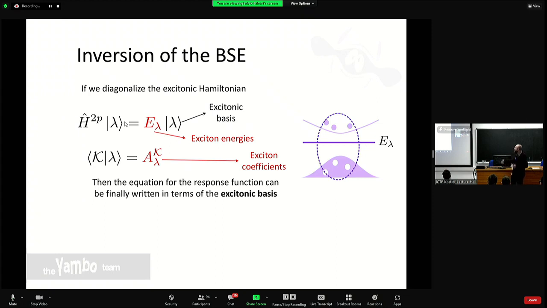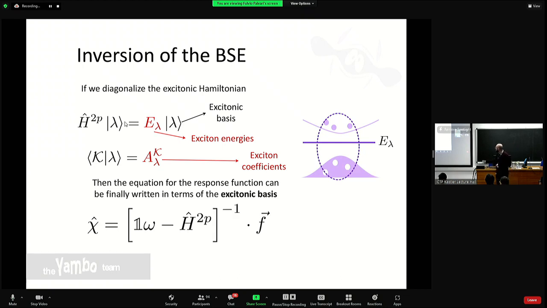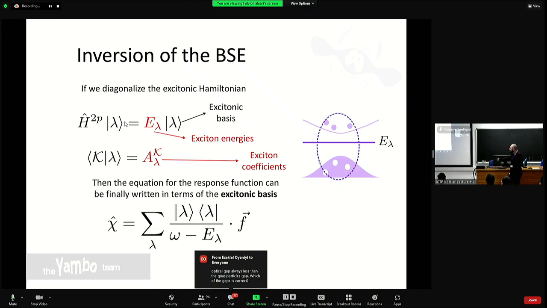The eigenvalues of this Hamiltonian, which is what is technically diagonalized inside Yambo, give the exciton energies. Instead, the eigenvectors give the exciton coefficients that we were discussing before. So now we can write this in the new lambda basis, the exciton basis, in which it is diagonal, obviously, since we diagonalized the two-particle Hamiltonian.